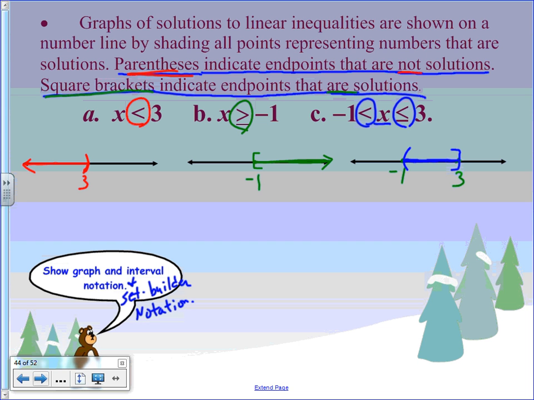That might look totally different than what you're used to, but that's a new notation that you need to understand, and that is part of our interval notation. Now, what I haven't done is shown interval notation. Let's go back to the first one. Hopefully you've caught up down there. Finish drawing that. Interval notation for part A looks like this.